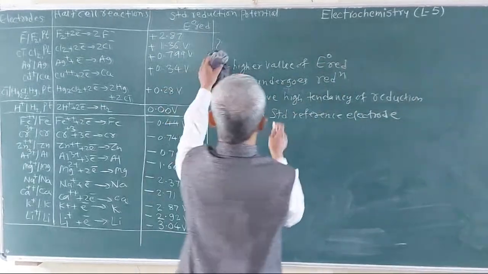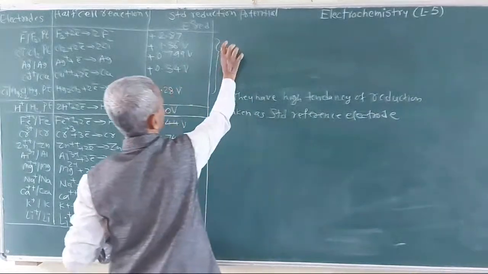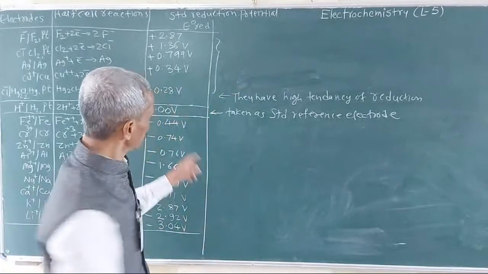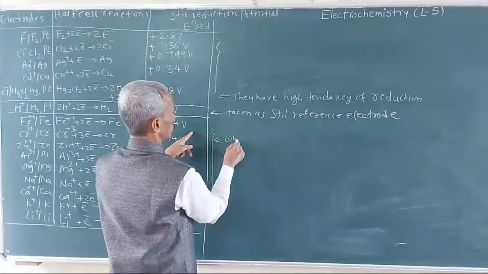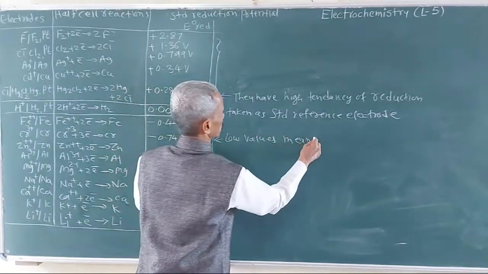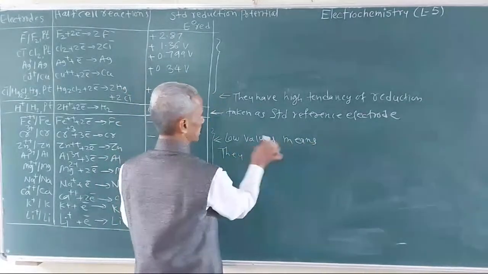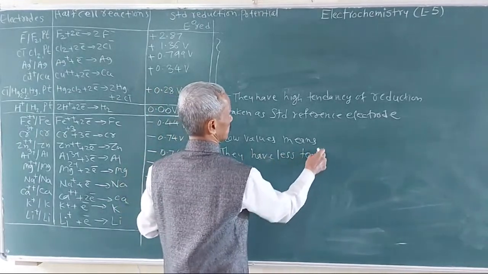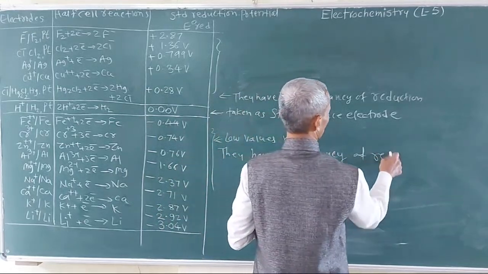For example, if you consider these elements, all of them have low values, which means they have less tendency of reduction.